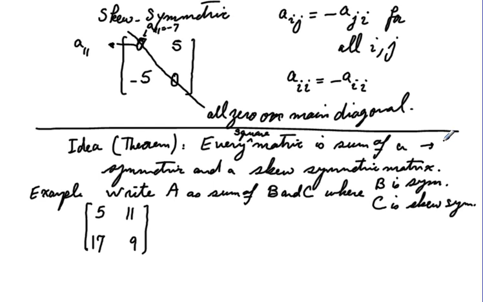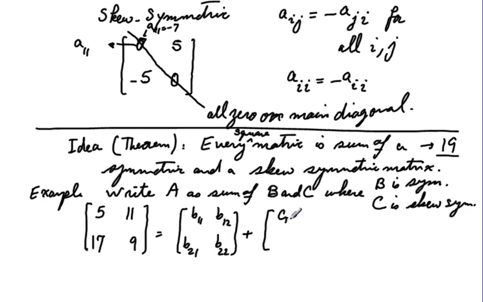This connects to, say, problem 19. Okay, I want to write it as the sum of B and C. B is supposed to be symmetric. Let me write it B11, B12, B21, B22. I don't know what's going to be in it, so for the time being, I just keep space for myself.